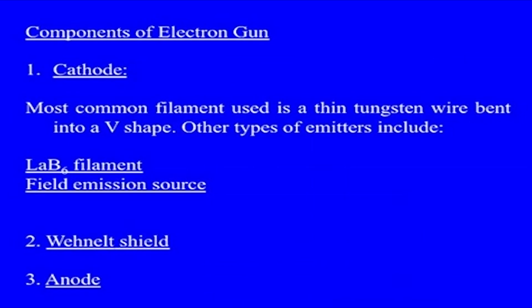That is the most commonly used and cheap also, but there are other types which can give you better illumination or fine focus. These are lanthanum hexaboride, LaB6, and field emission sources.